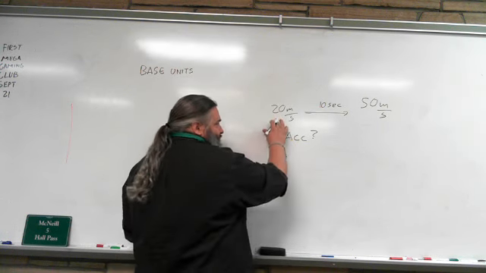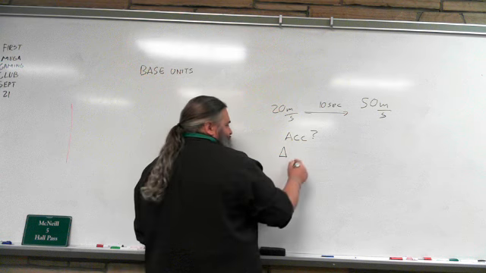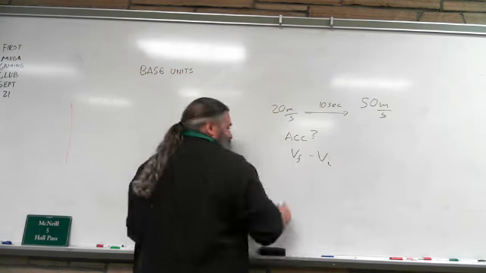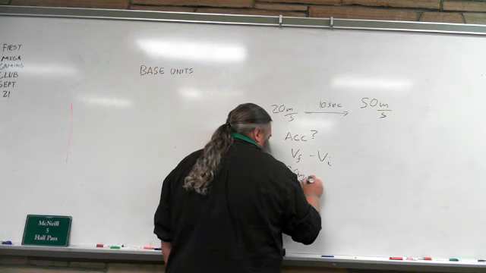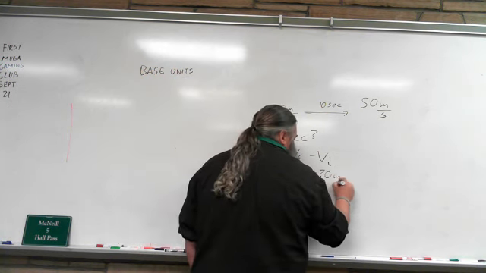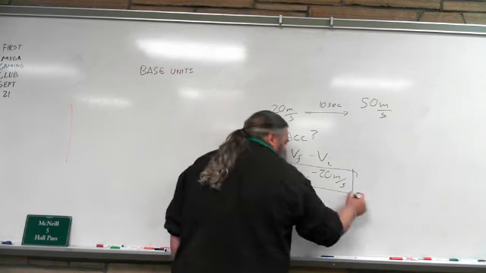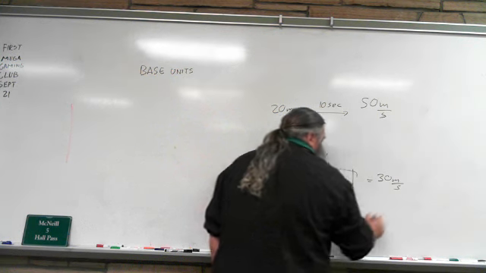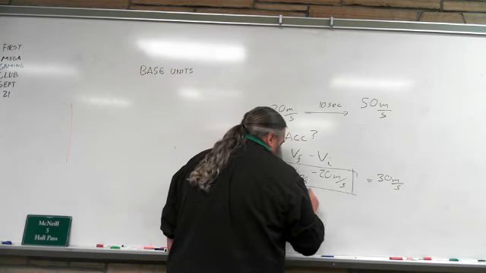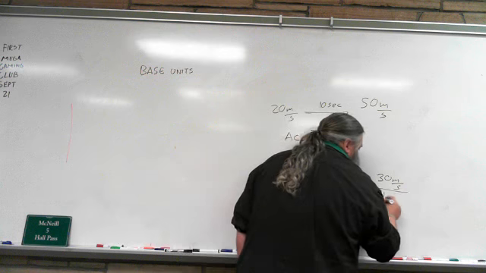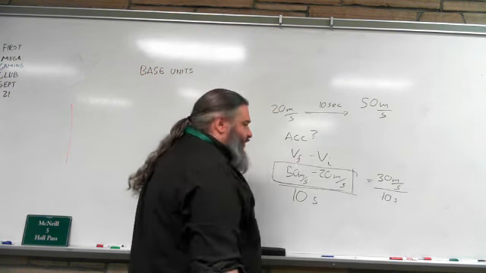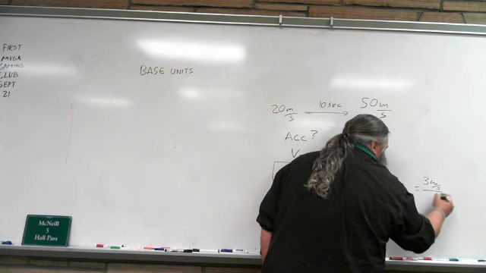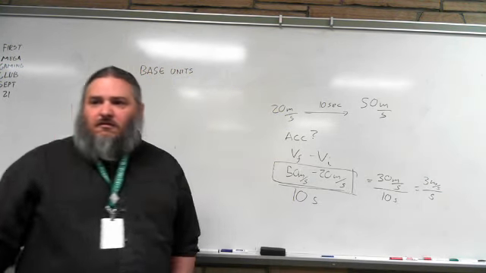It starts at 20 and ends up at 50. So its change is v final minus v initial, which is 50 meters per second minus 20 meters per second, which is 30 meters per second. And it's doing that in 10 seconds. So its acceleration in this case is 3 meters per second per second. Cool?